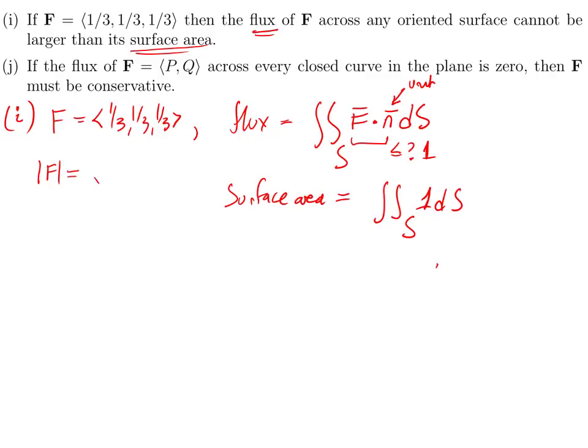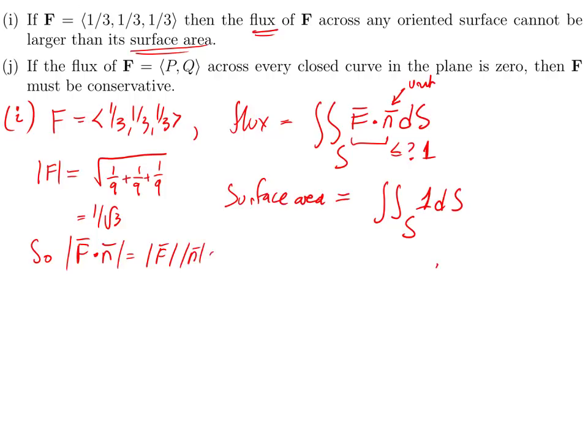What's the magnitude of f? It's the square root of 1 over 9 plus 1 over 9 plus 1 over 9, which is 1 over square root 3, which is certainly less than 1. So in particular, I know that this dot product that shows up in the flux integral is equal to the magnitude of f, times the magnitude of n, times the cosine of the angle between them. So it has to be less than 1 over square root 3.